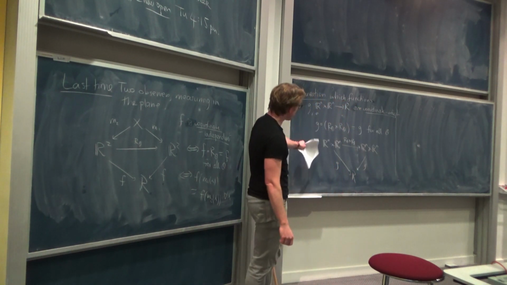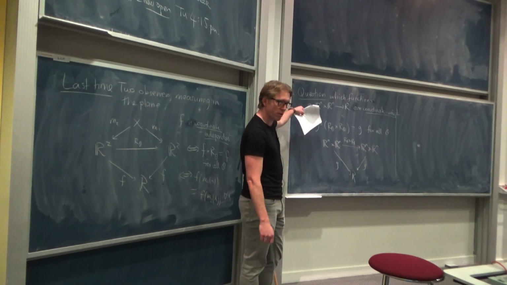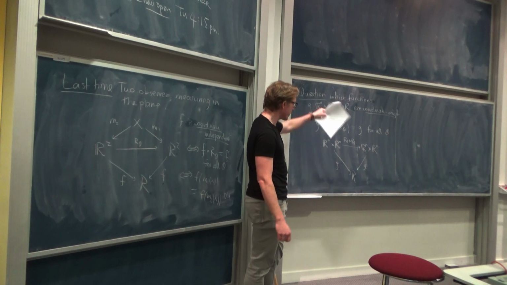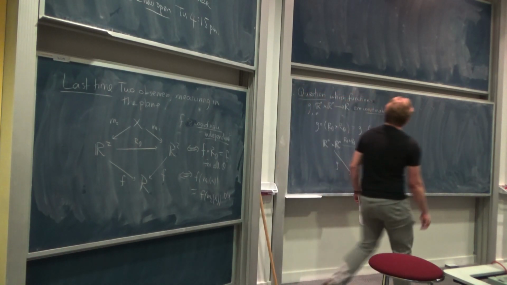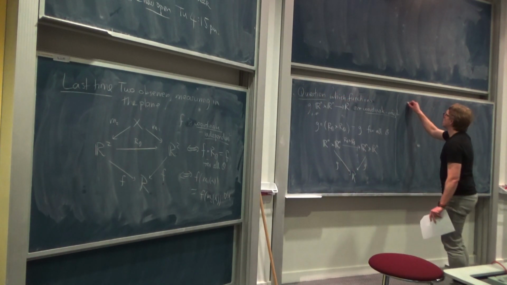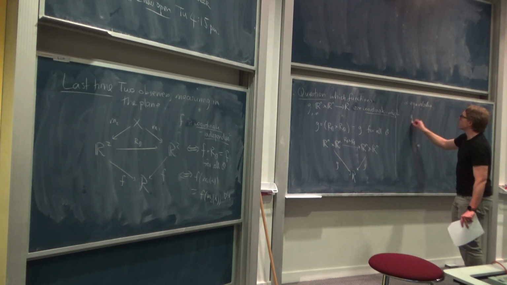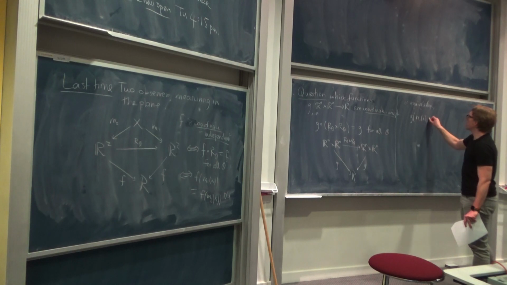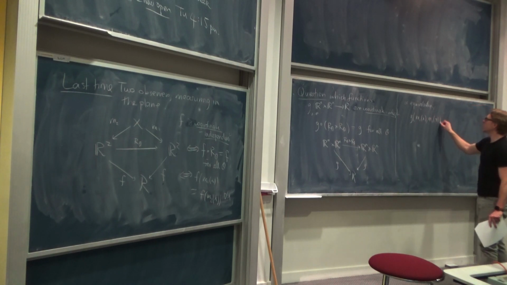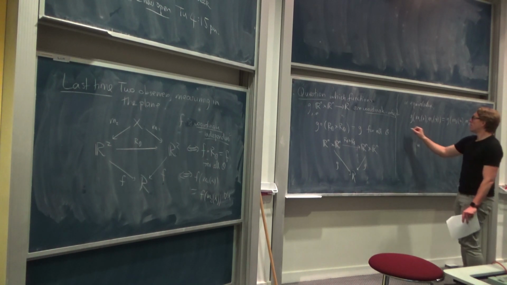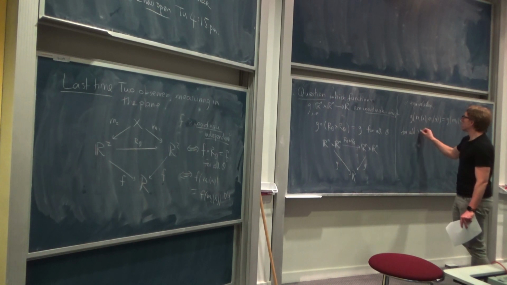To say that this diagram commutes, remember this was terminology I introduced last lecture, is to say exactly that this composite is equal to g. Or equivalently, it's the same as to say that g of m1 of x comma m1 of y is equal to g of m2 of x comma m2 of y for all x, y in R2.